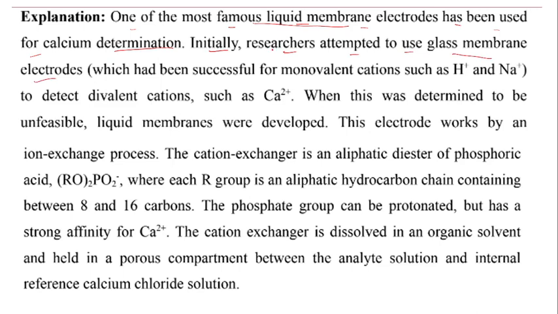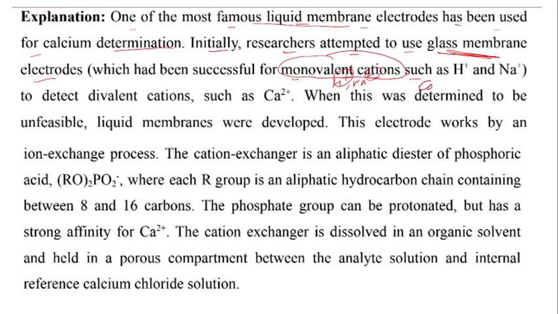It was also tried for calcium ion, but it had been successful only for monovalent cations. So the glass membrane electrode is suitable for what? It is suitable for monovalent cations. What is the meaning of monovalent? Single, like H+, Na+. Only one positive charge is there, so it is suitable for monovalent cations.